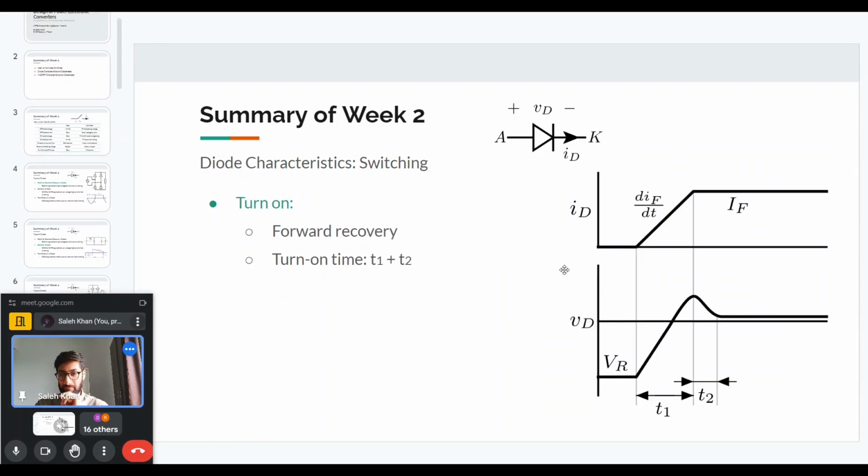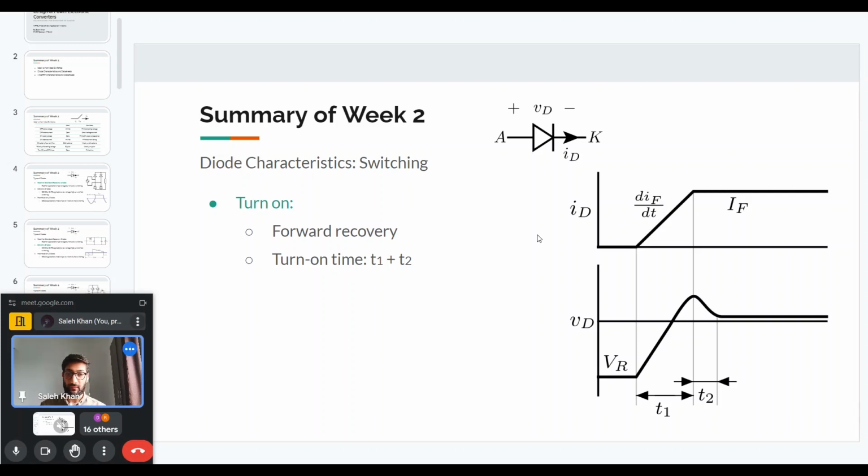Then we can talk about the switching characteristics, how the diode turns on and how it turns off. During the turn on process, the diode takes up the current that is in the circuit. We are talking about what is called a clamped inductive load.